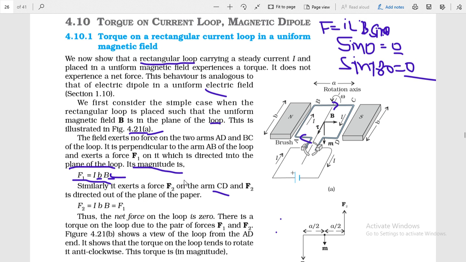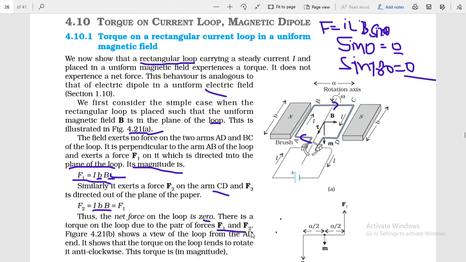So you can see the force F2 on the arm CD, and F2 is directed out of the plane of the paper, and its magnitude is equal to F1, that is I into b into capital B, where small b is the length of the side CD. Thus the net force on the loop is 0. There is a torque on the loop due to the pair of forces F1 and F2.